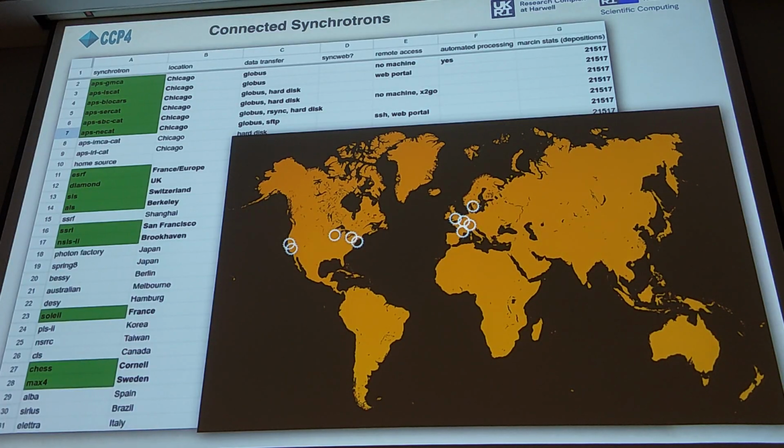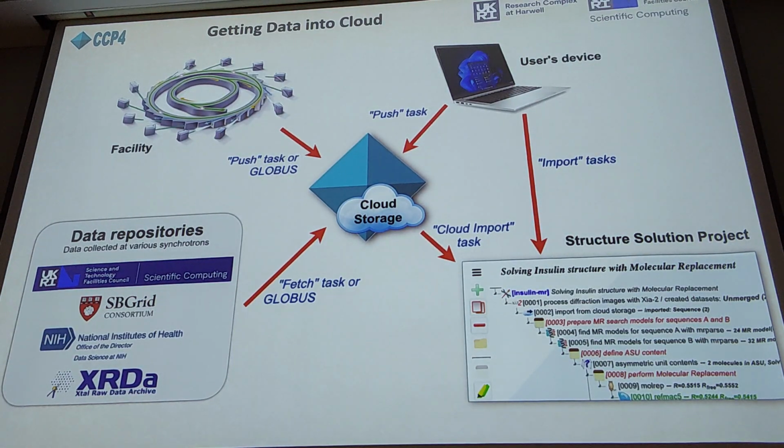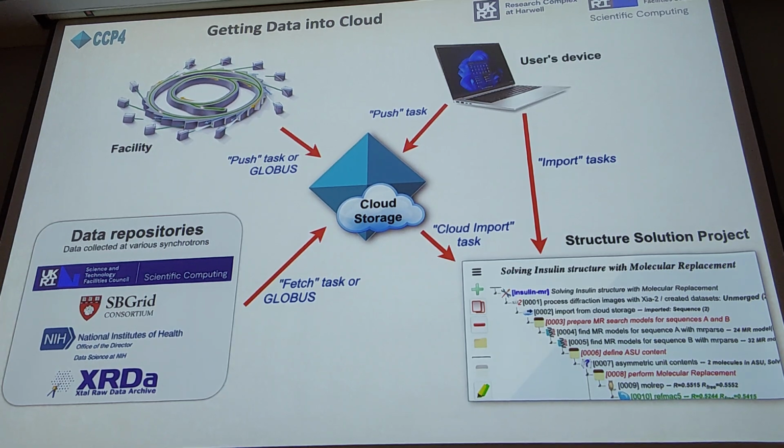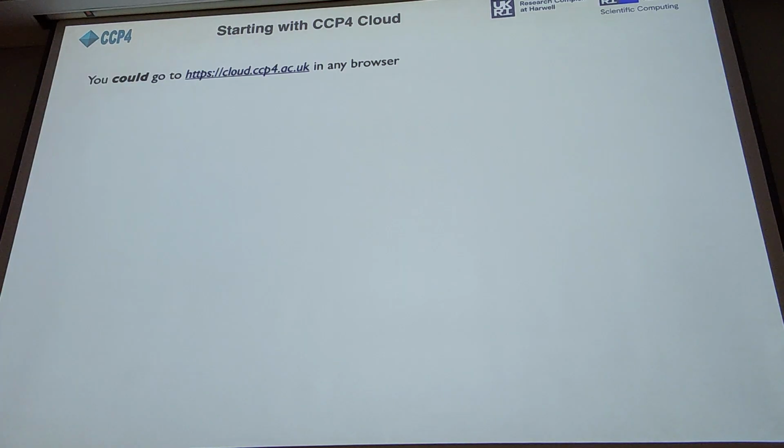But anyway, there will be Globus or another sort of endpoint available for you to upload data. You can push using Globus, or you can fetch from the cloud using your Globus ID. So there are lots of ways of getting your data in there, running CCP4 Cloud and getting your structure solution.